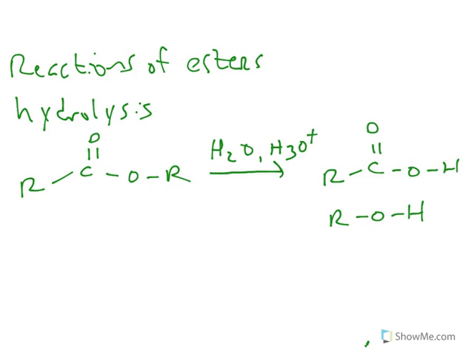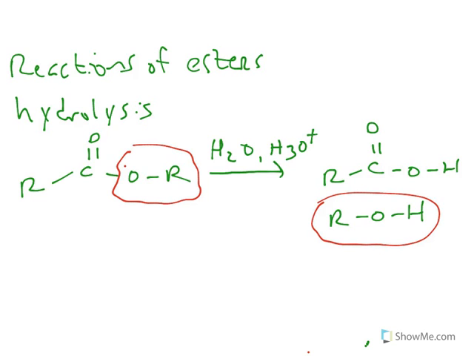All right. So where did these guys come from? The OR was protonated and left as ROH. And it was substituted by the water. So the OH group went on to the carbonyl that I'll put in yellow. So that's here still.